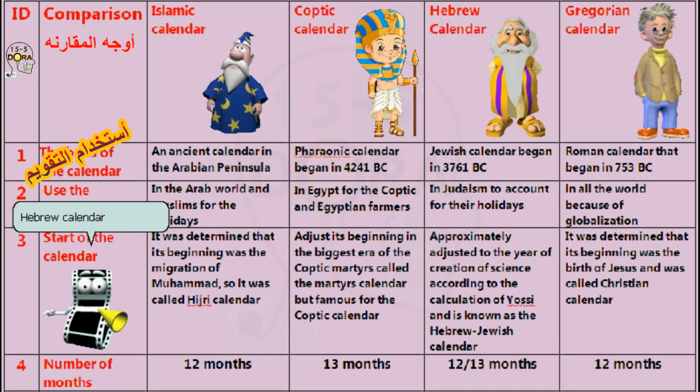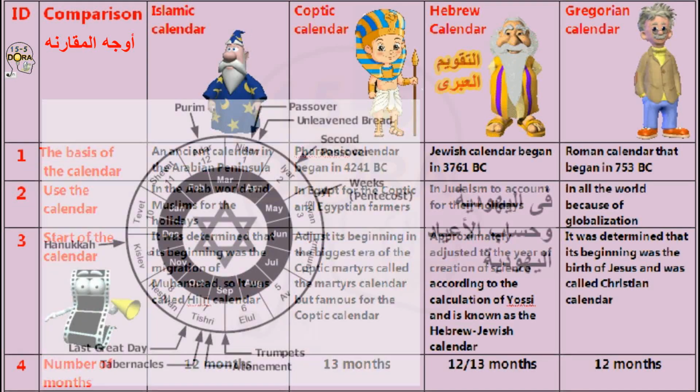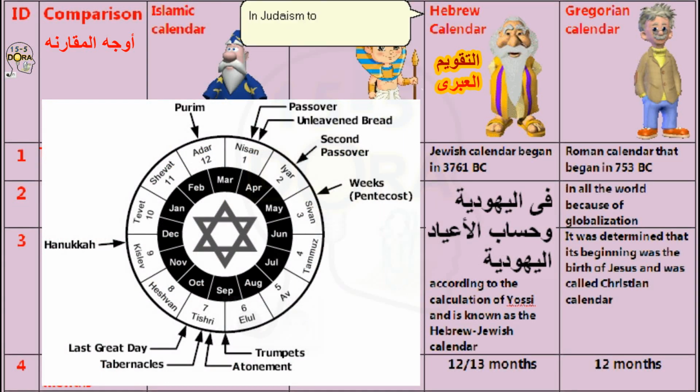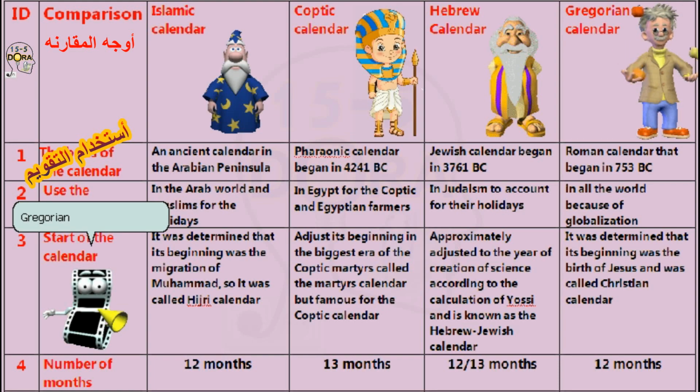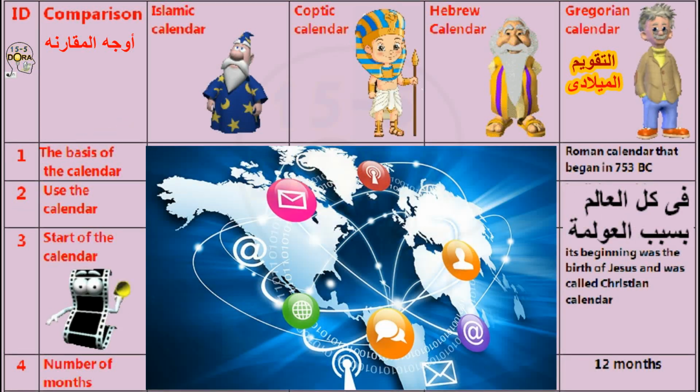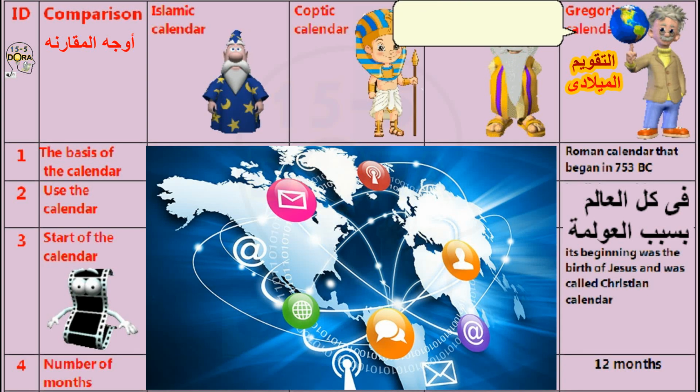Hebrew calendar: in Judaism, to account for their holidays. Gregorian calendar: in all the world, because of globalization.